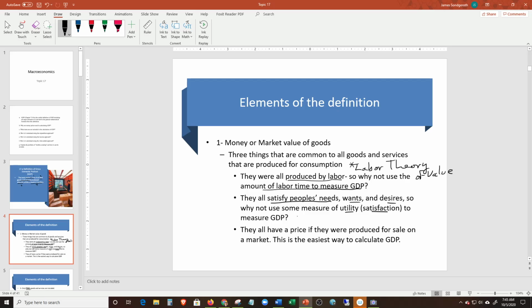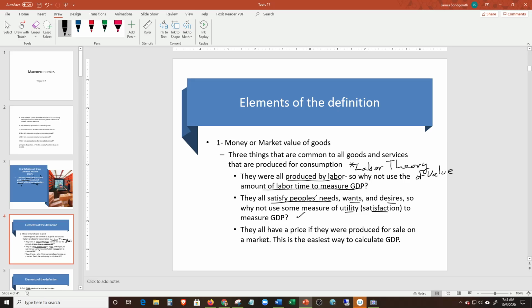And theoretically, that might be a good idea too. All of these goods are only produced to meet our needs, wants, and desires. And doing so, they do produce utility or satisfaction. And of course, like the labor theory of value, there are insurmountable problems with doing this.